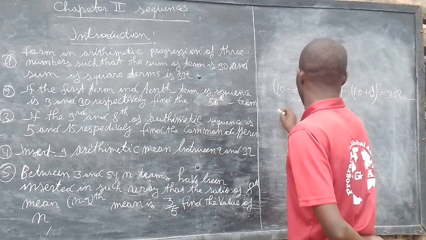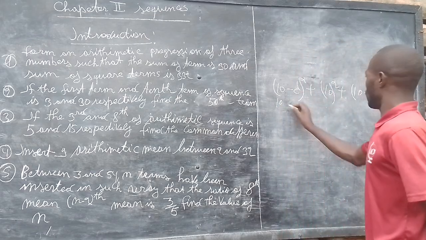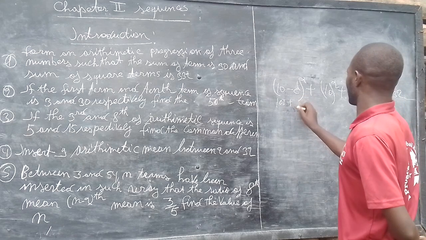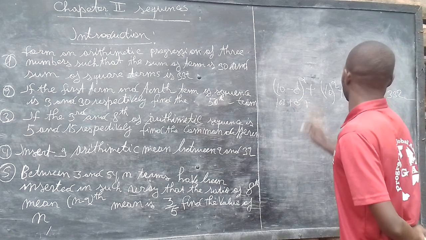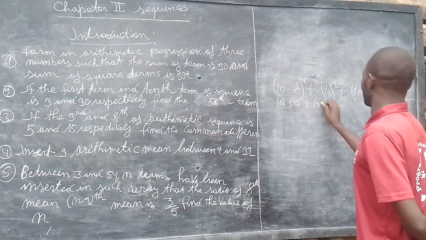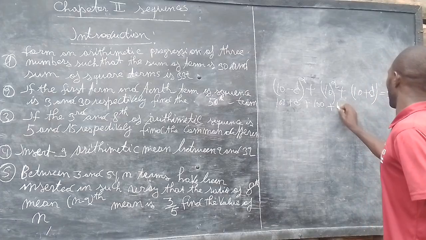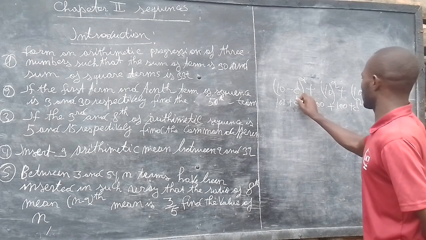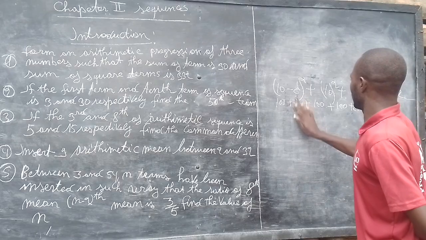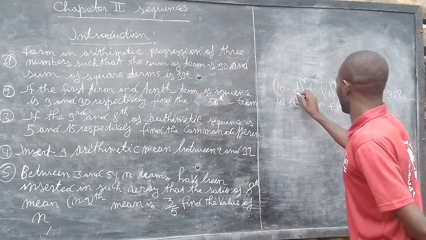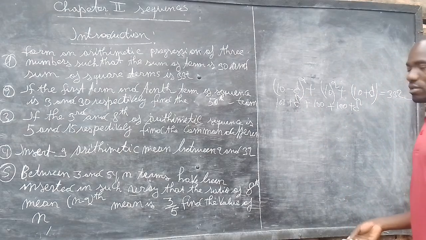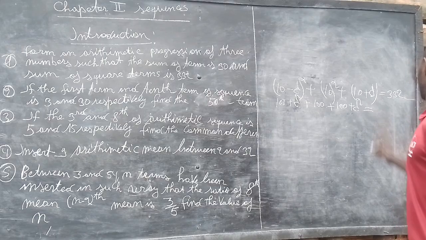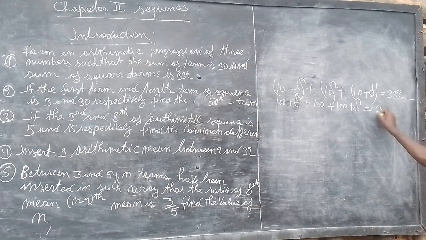So here we have 100 minus 20d plus d squared, plus 100, plus 100 plus 20d plus d squared. Here we have a square, here we have a square, here we have a square. So this is equal to 332.